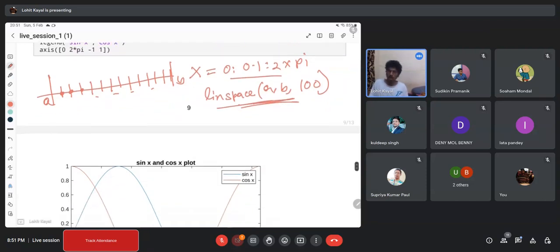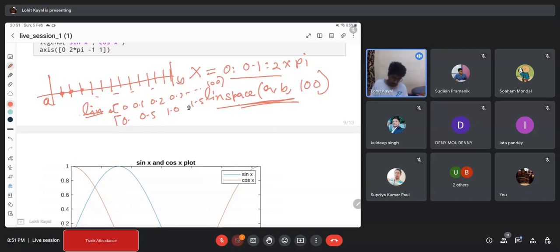Suppose you have to add two vectors. Suppose you have some data 0, 0.1, 0.2, 0.3 up to 100, and here it is 0, 0.5, 1.0, 1.5 up to 1000, because both vectors have to be the same size, otherwise you cannot do addition.